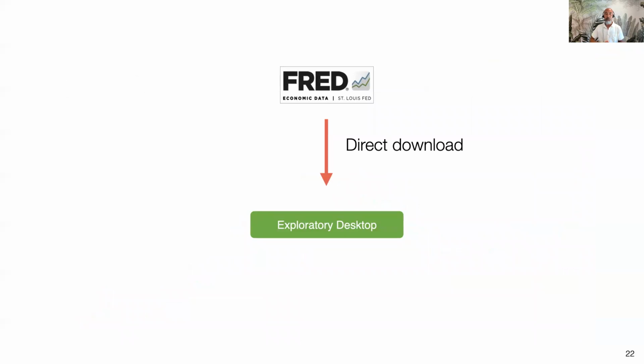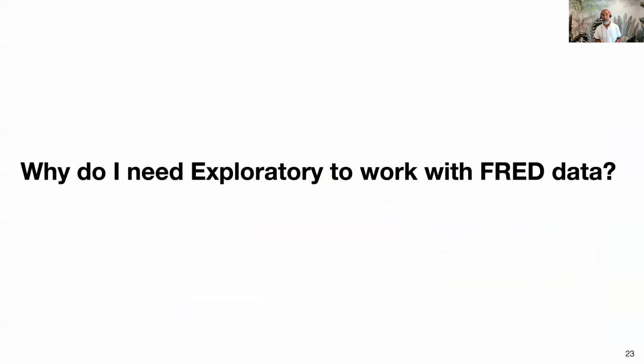But if you want to do more than what you can do on the website, there is a way to directly download the data. Instead of downloading the CSV data and importing the CSV in Exploratory, you can directly import the data from FRED. So why would you want to import the data and work with it in Exploratory?